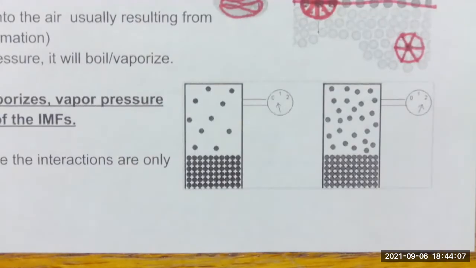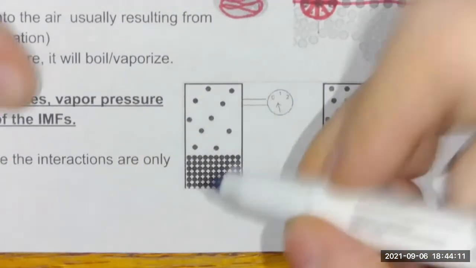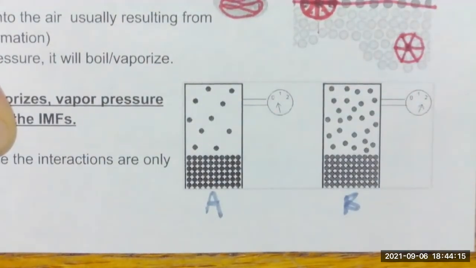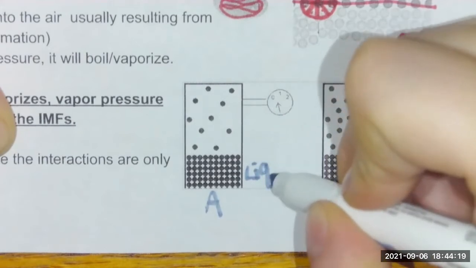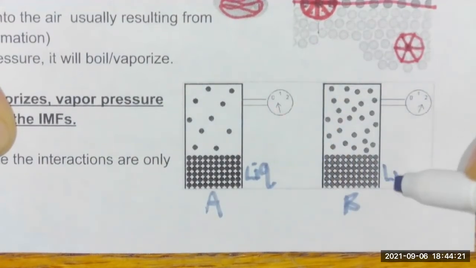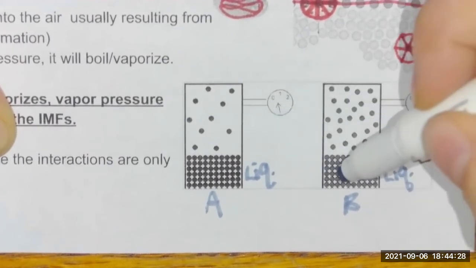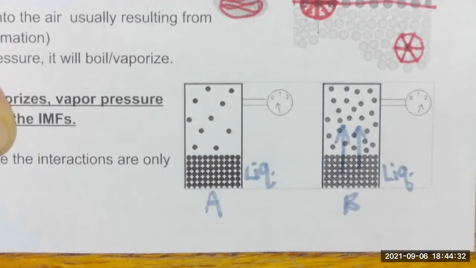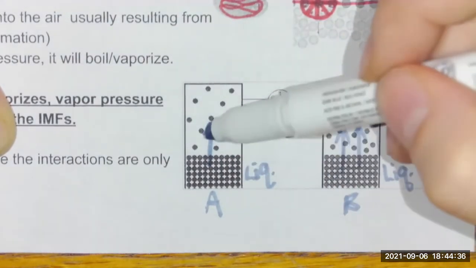to this picture here, I have 2 different samples of liquid, sample A and sample B. This bottom part here is the liquid phase. And every liquid has its tendency to push up into the gas phase. See how this one's kind of like not pushing very much?